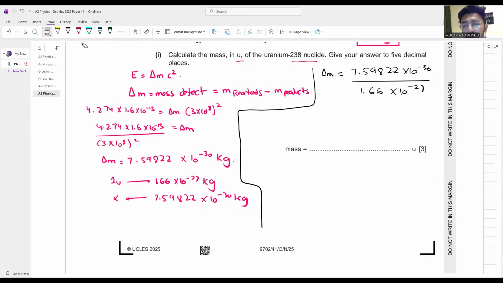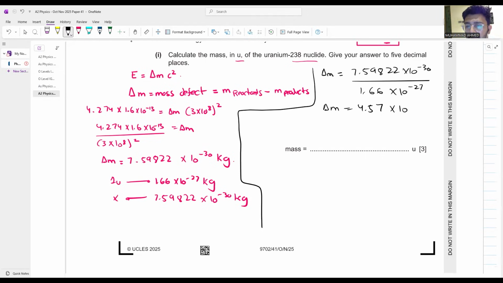Oh, 27 भी देखो मैंने किस तरह लिखा. Actually, it's too late here in Karachi, if I tell you guys. That's why the writing is slightly off. 10 raised to the power of minus 30, 1.66, 10 raised to the power of minus 27. The value of mass defect comes out to be what?